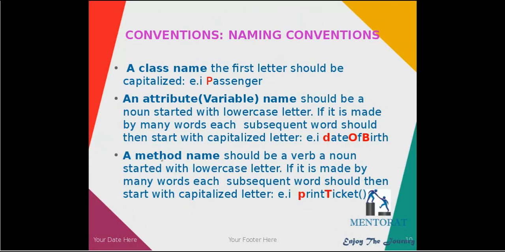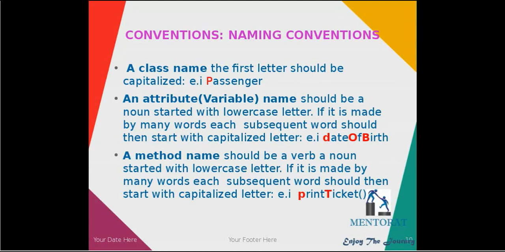For a method or function, it has to be a verb. Okay, you can put whatever you want. It will not be an error. But for every programmer to know what you are doing, when they see an uppercase P before something, they know that it is a class. When they see a noun with many words, subsequent words starting with a capital letter, they know that it's a variable name or an attribute.